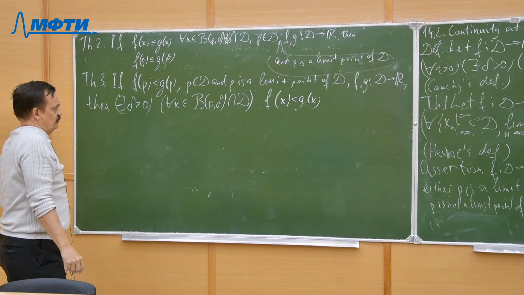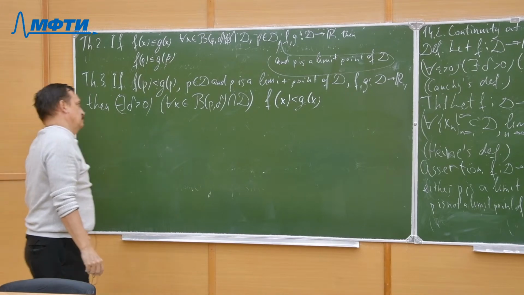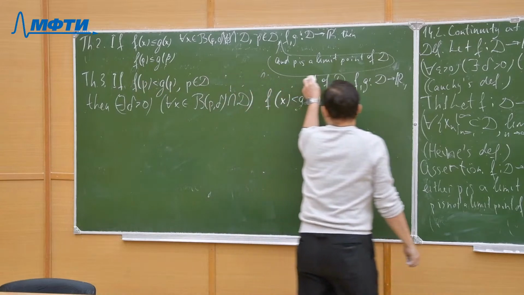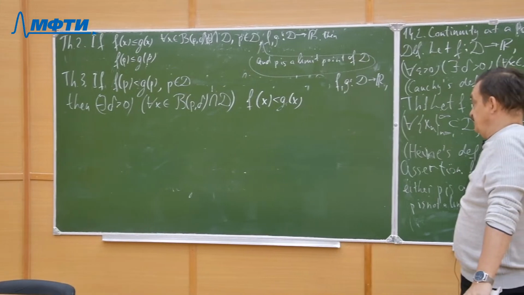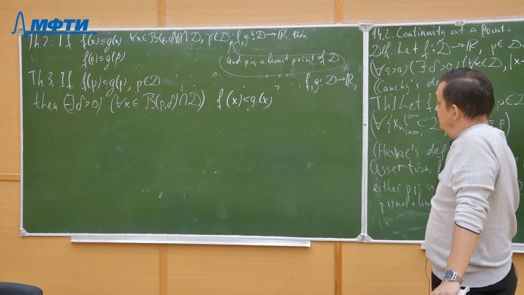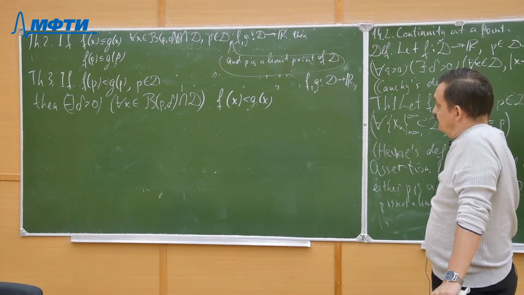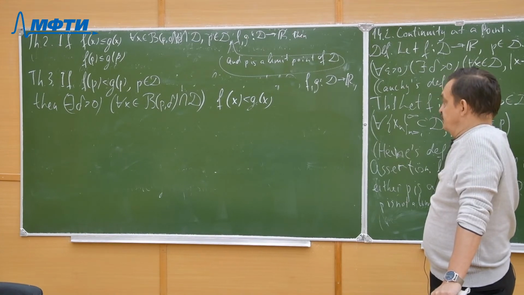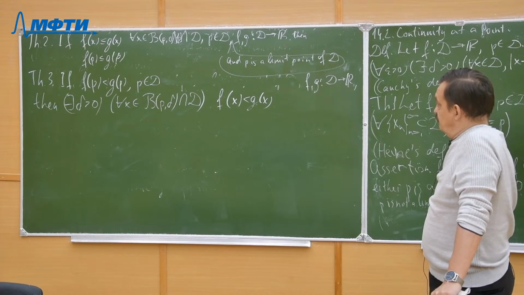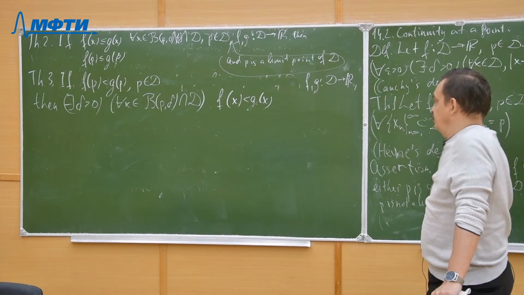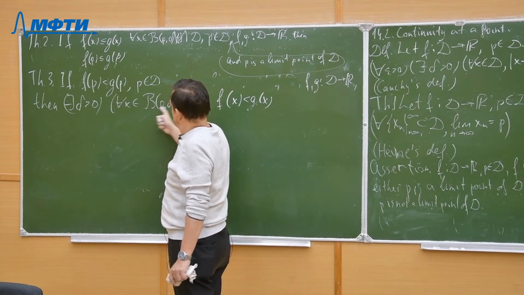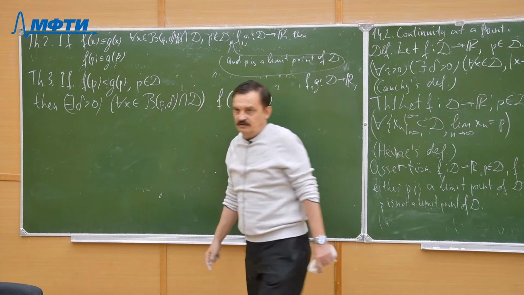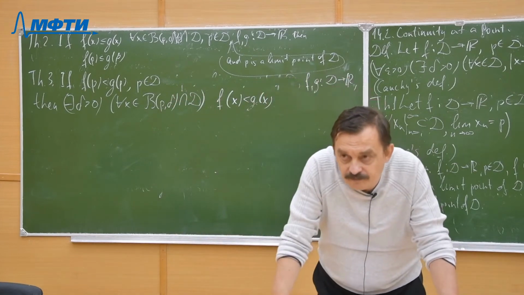By the way, here I do not need to suppose this. That's not necessary here. The assertion is valid without this supposition, because if p is a limit point, then it follows from the related result for the inequalities, and if p is not a limit point, then this inequality is satisfied because this intersection contains only one point p for certain delta greater than 0.